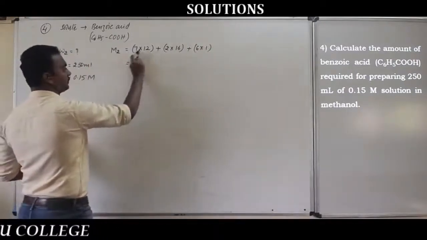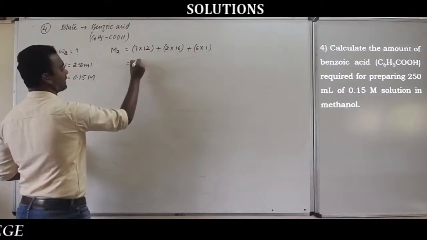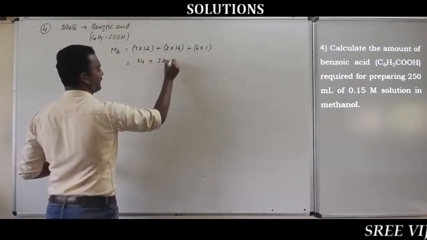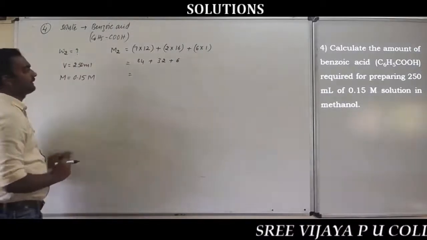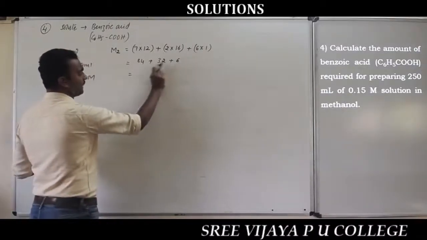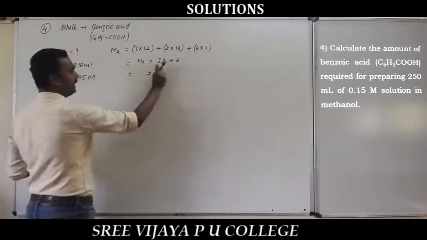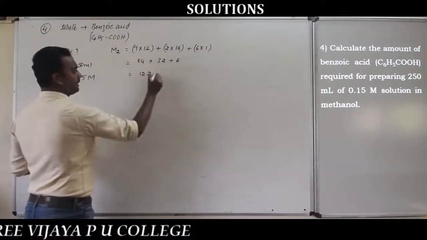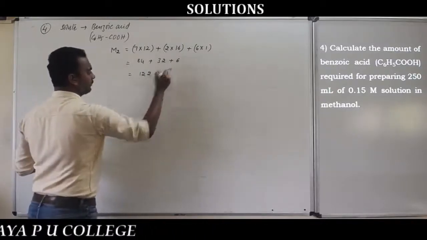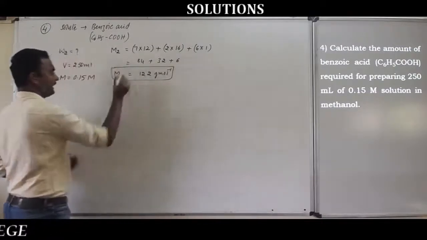That is equal to 12 sevens ಎಷ್ಟಾಗುತ್ತೆ ನೋಡಿ 84, plus 16 twos are 32, plus 6, that is 122 gram per mole, the molar mass of solute, that is benzoic acid.